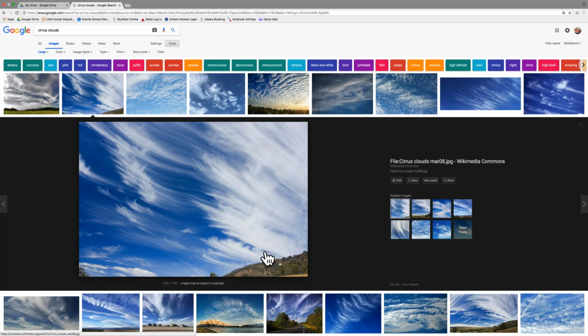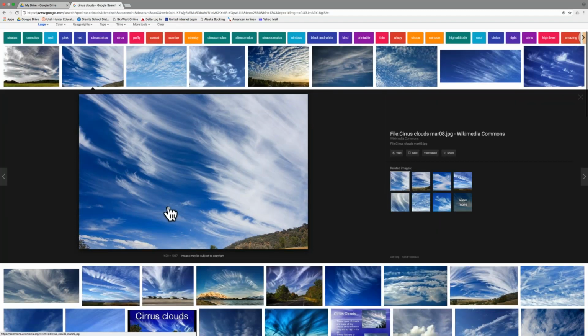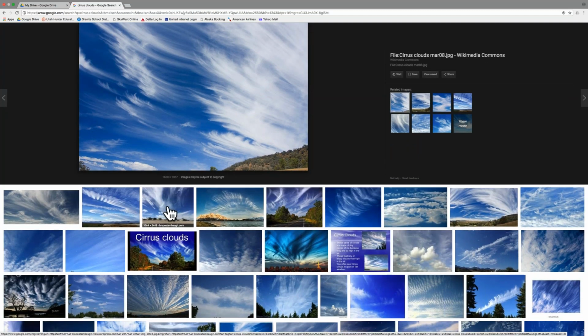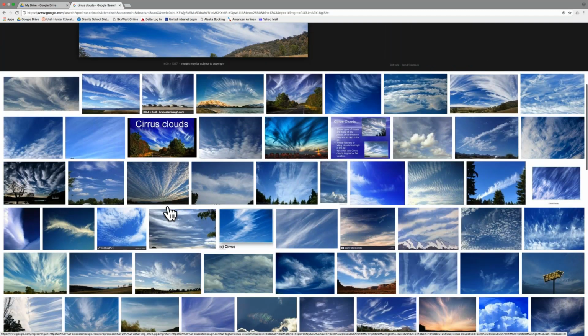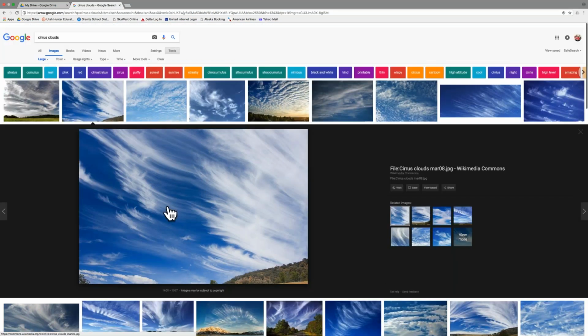Wind's going to be moving pretty quick. And like the reading said, this typically points in the direction of the wind as well. Kind of interesting. But there's some really cool looking clouds out there.